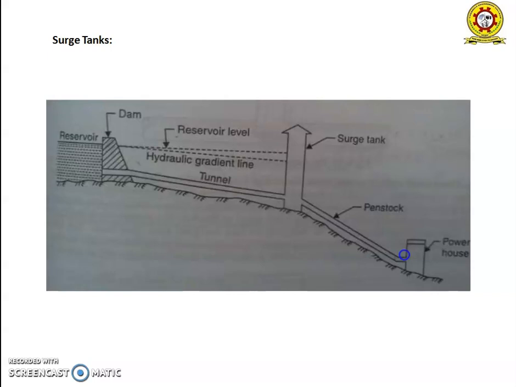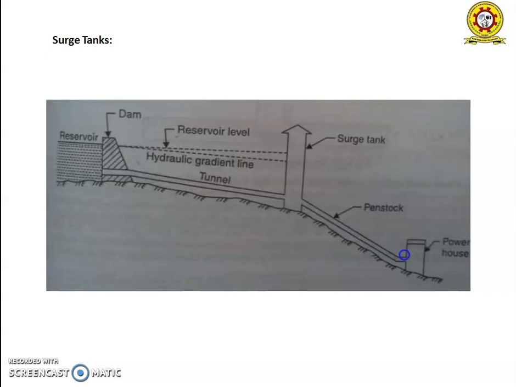The tank acts as a temporary reservoir which, when the load on the turbine increases, provides sufficient water to enable the turbine to pick up the increased load quickly and safely, until the water level in the surge tank falls below its original level. Sufficient head is thus available to accelerate the flow in the penstock until it is sufficient to meet the new need. Types of surge tanks.